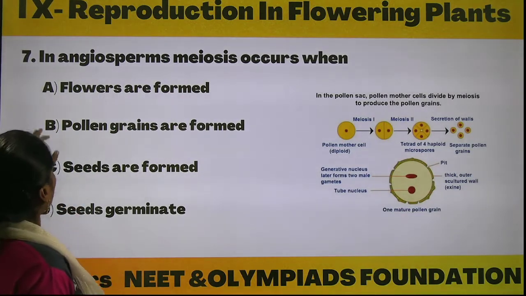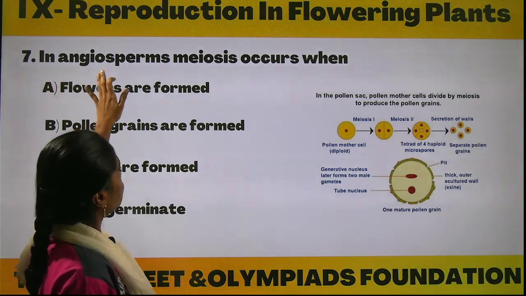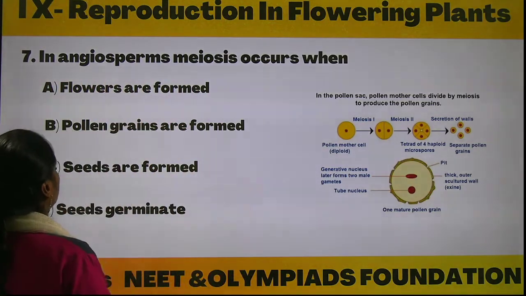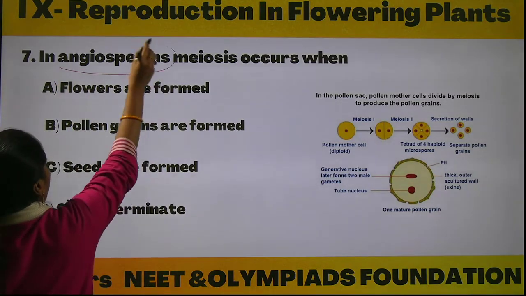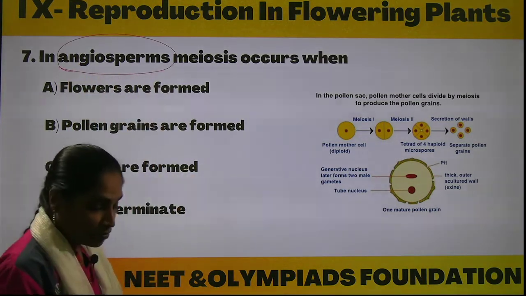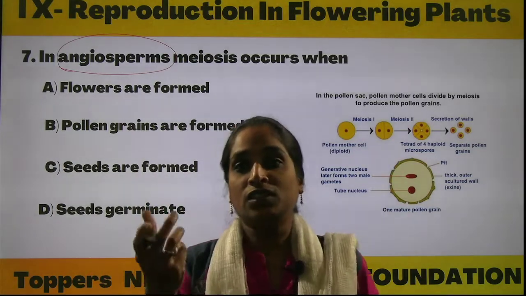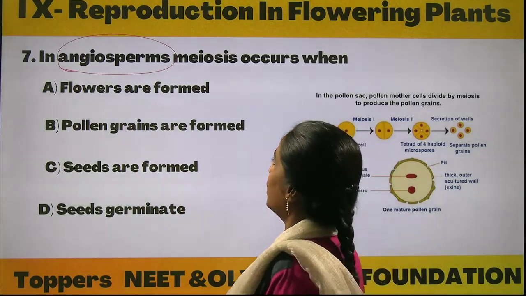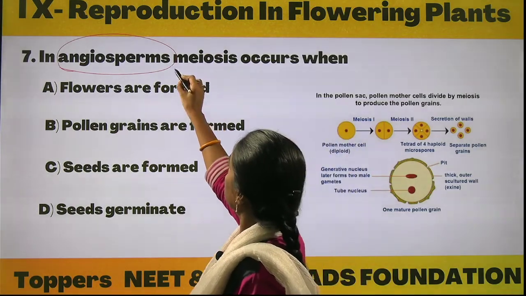7th question. In angiosperms, meiosis occurs when? What are angiosperms? Angiosperms are a type of plants where we can observe the seeds embedded within the fruit. Those are called angiosperms. What is meiosis?